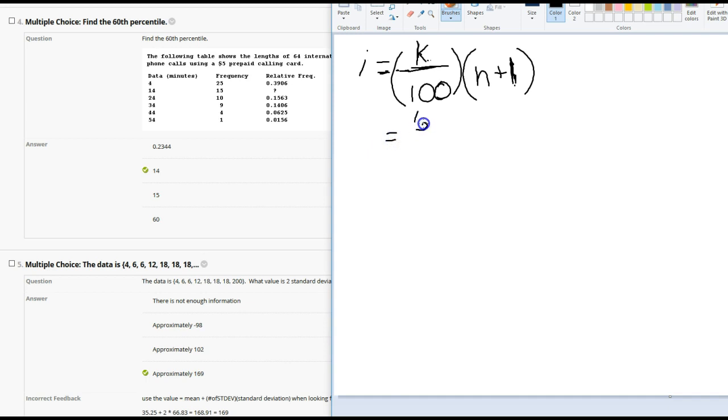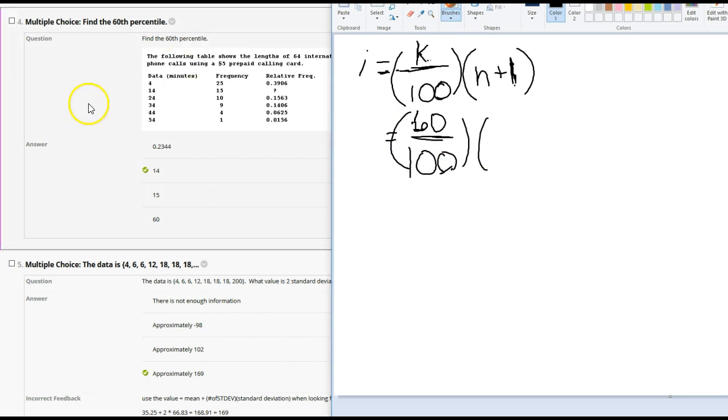So we are looking for the 60th percentile over 100, and we multiply that by the number of pieces of data. So we have to go and add the frequency up. I did that previously: 25 plus 15 plus 10 plus 9 plus 4 plus 1 is 64, plus 1.